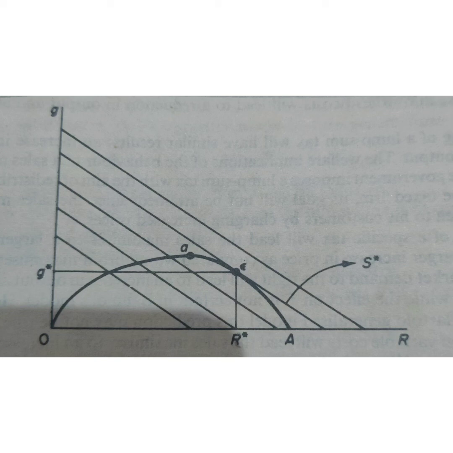The firm will choose the highest possible ISO present value curve and the point of equilibrium, and that will give us G star and R star, the attainable rate of growth and the level of current sales, which maximizes the present value of the future revenues.